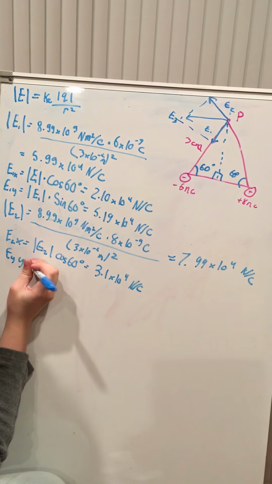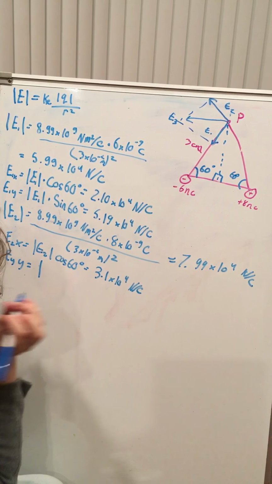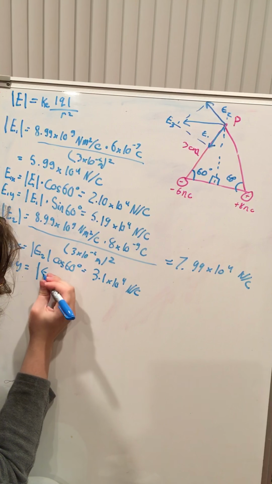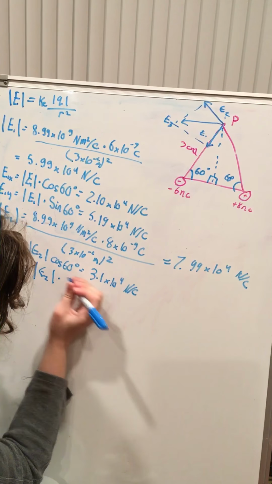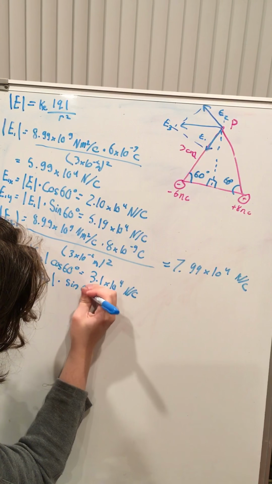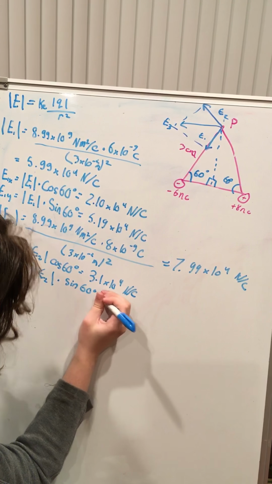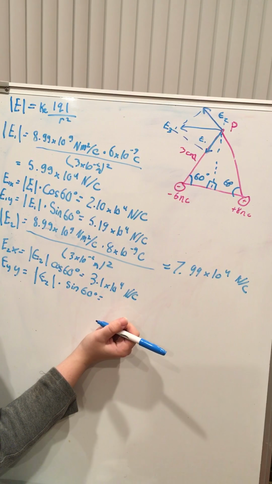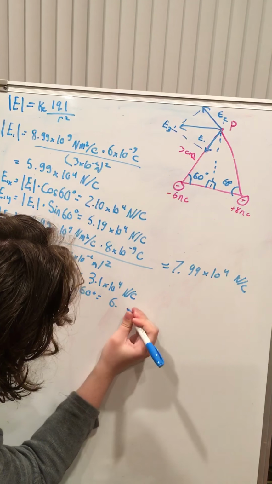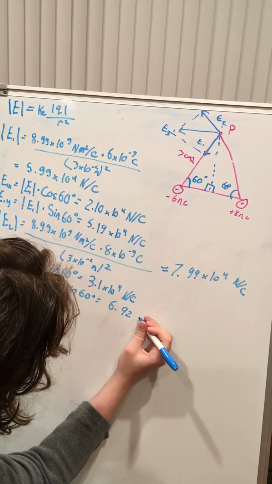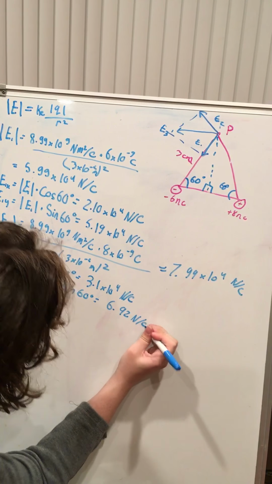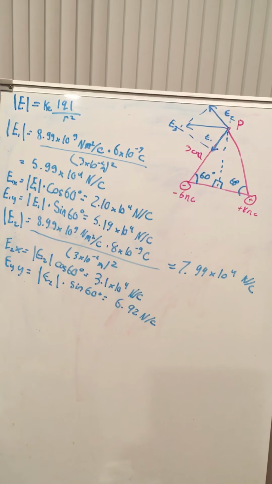E2y equals the magnitude of E2 times the sine of 60 degrees, which in its turn equals 6.92 newtons per coulomb. Now we want to combine these.